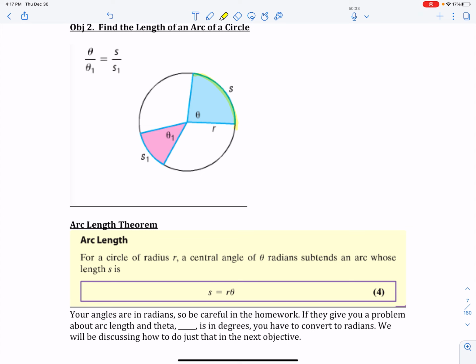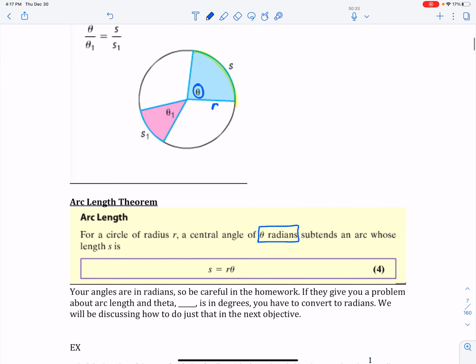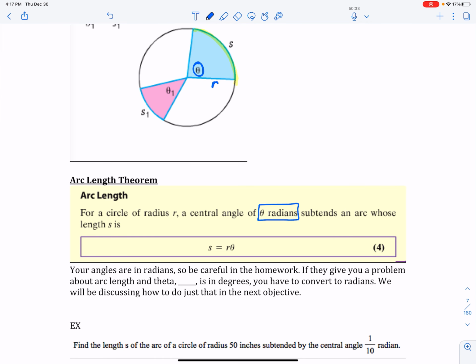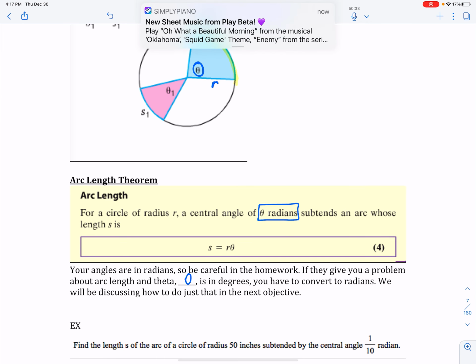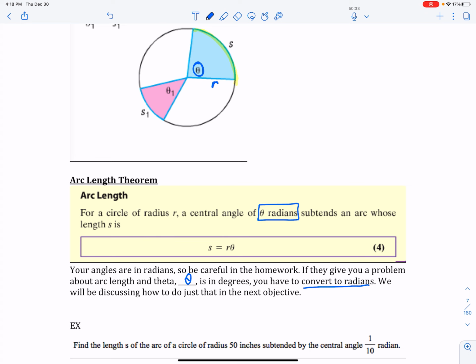The radius is denoted with the letter R, and the angle is, in this case, theta. Now, theta has to be in radians. If it's in degrees, you have to convert it to radians. I know we don't know how to do that quite yet, but we're going to learn.